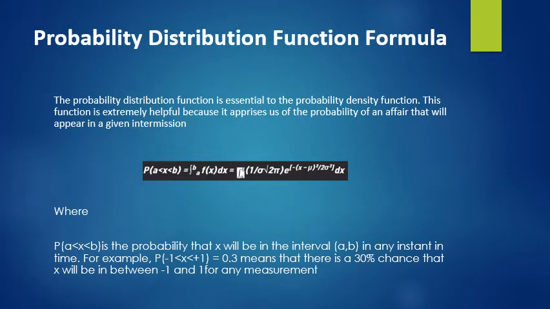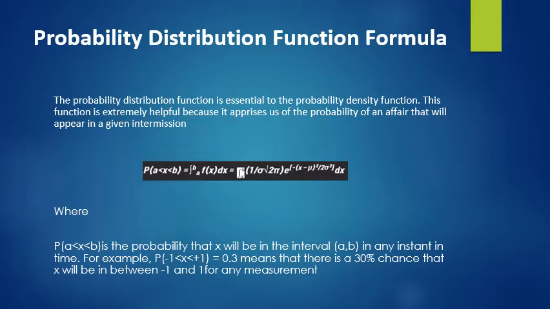Let us go to probability distribution function formula. The probability distribution function is essential to the probability density function. This function is extremely helpful because it apprises us of the probability of an event that will appear in a given interval. Let us use the formula.